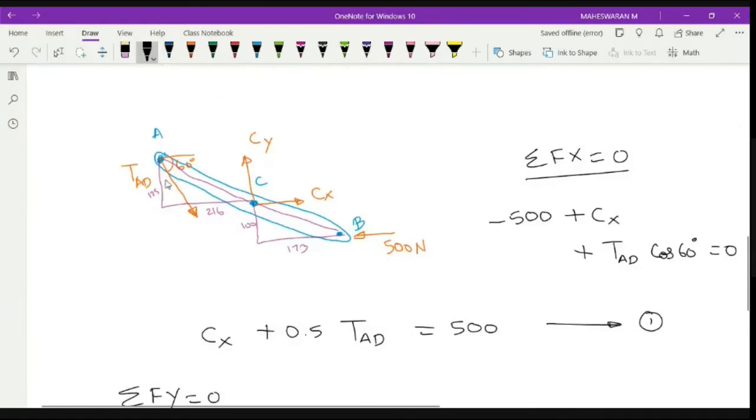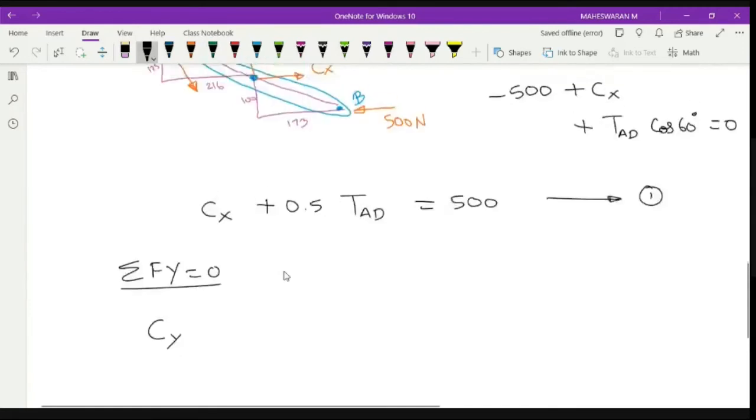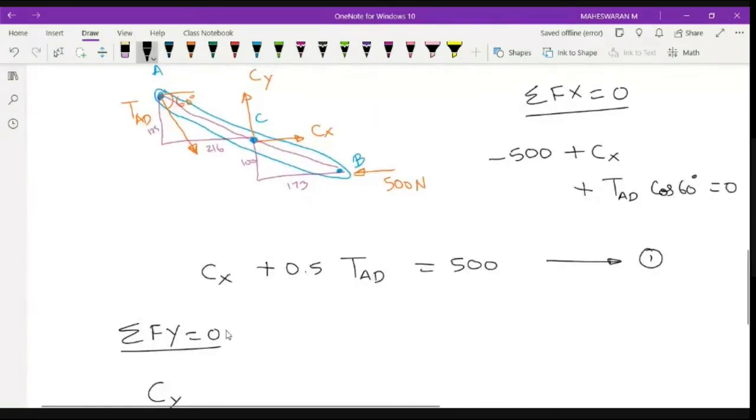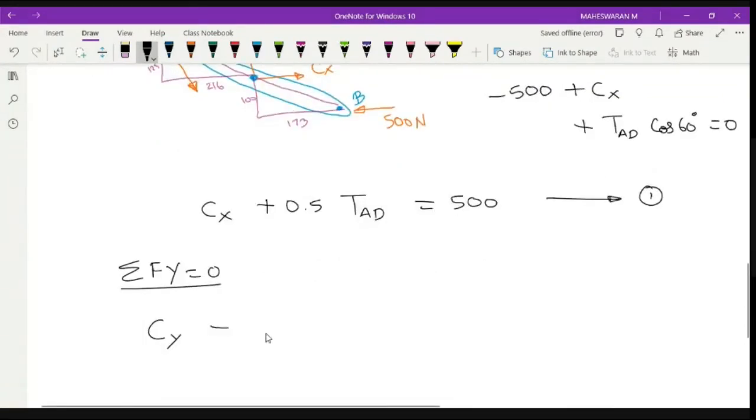and when I resolve this one, it is TAD sine 60. So what will you get? It is negative because of the downward direction, so minus TAD sine 60.